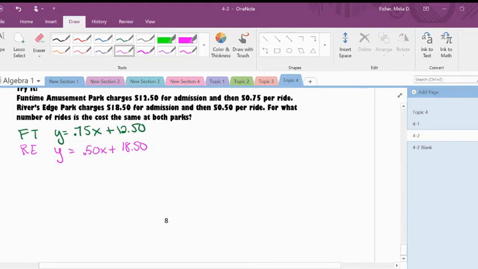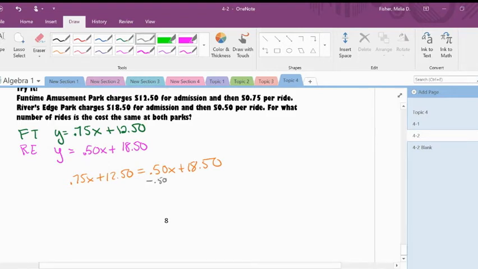Since these both say y equals, we can go ahead and set the equation up to be 0.75x plus 12.50 equaling 0.50x plus 18.50.